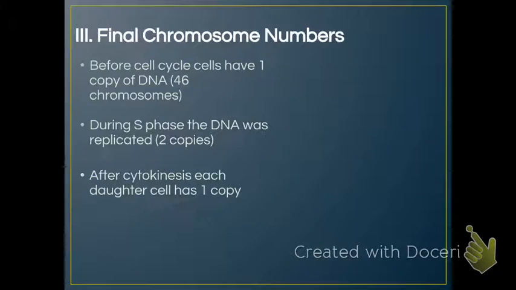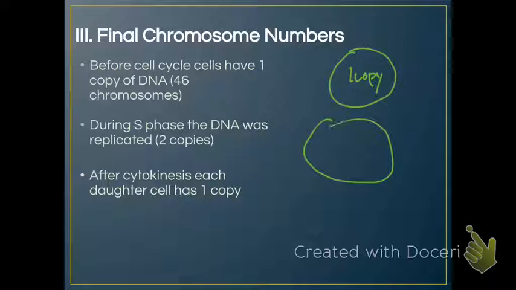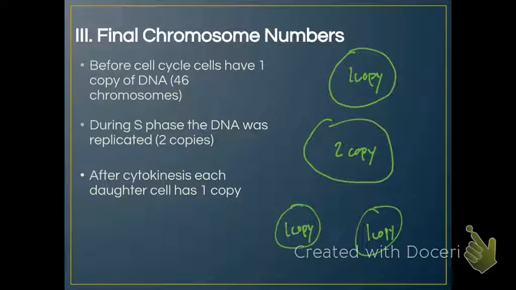So you have one cell with one copy of DNA, and then now you have one cell with two copies, and then after you split, after mitosis, you have one copy and one copy, right? And that's what you want. You want a cell with a copy, and so that's the whole point of doubling the DNA, is that each cell should have its own copy of DNA.